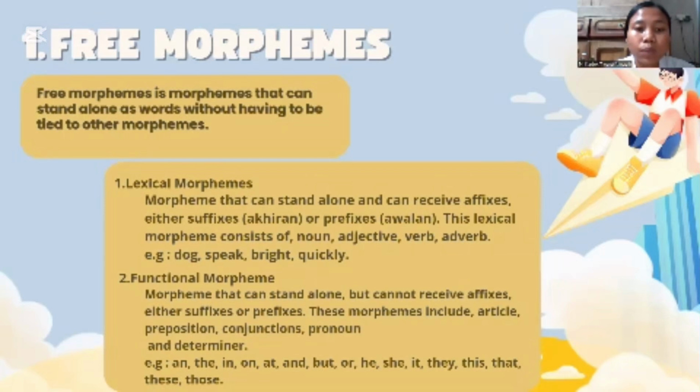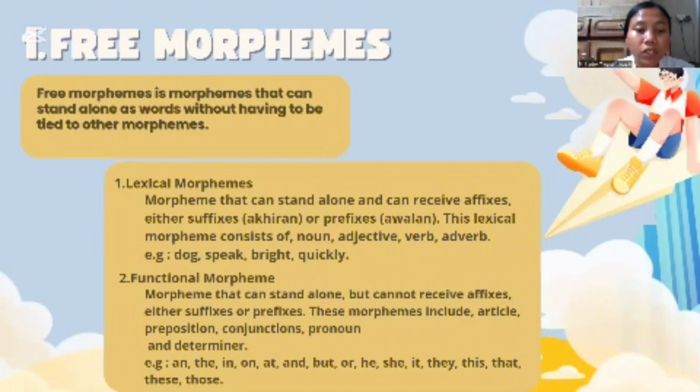For verbs: run, speak, talk, and write. For adjectives: bright, happy, big. And for adverbs: quickly, easily, and loudly. That's for the lexical morphemes.